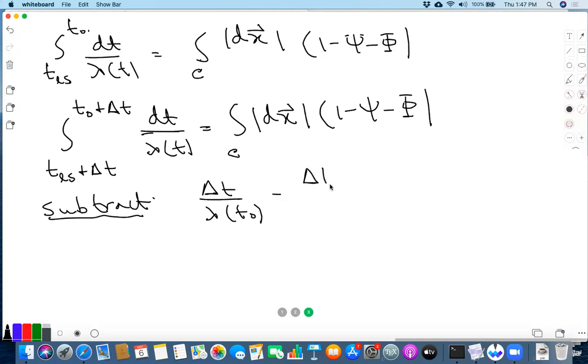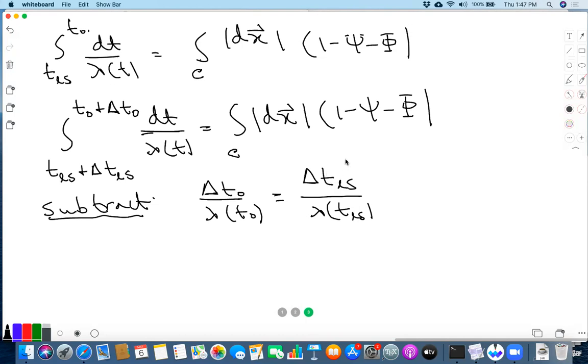Sorry, let me write this in general as delta t naught, since this is not the same as this. Let me write it as t LS plus delta t LS and t naught plus delta t naught. So delta t naught over lambda t naught is equal to delta t LS over lambda t LS. So delta t LS is not the variation of the last scattering surface.